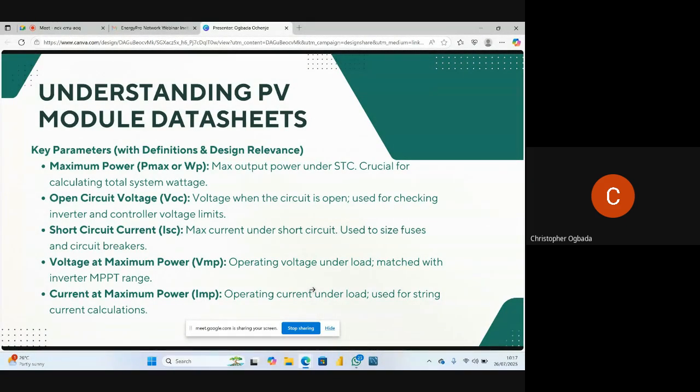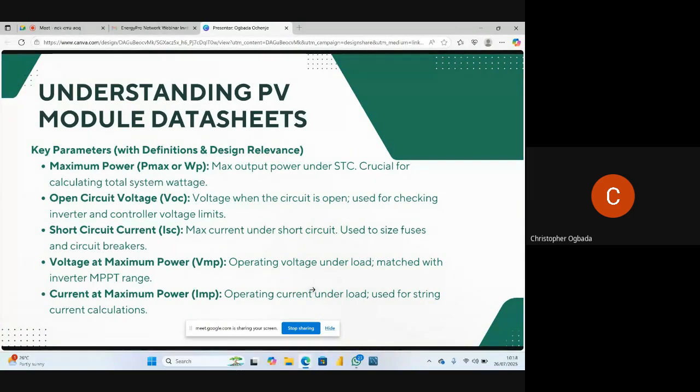Now, we also have the short circuit current. The short circuit current is like a surge current. It is useful for sizing circuit breakers, because for those who do proper, compliant installations, one of the protections you are supposed to put is a breaker between your inverter and your PV array.